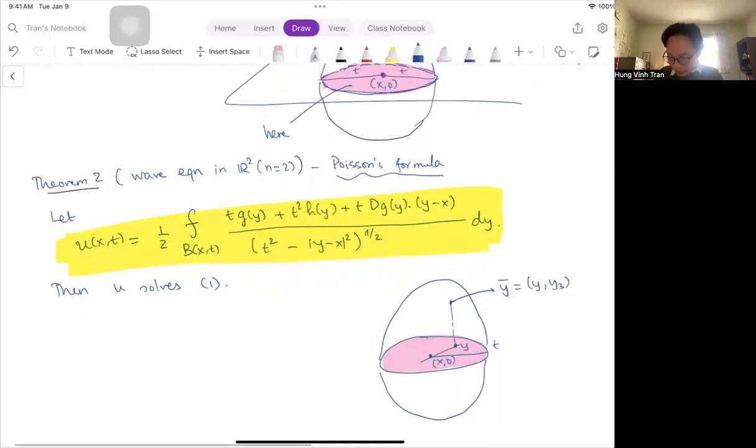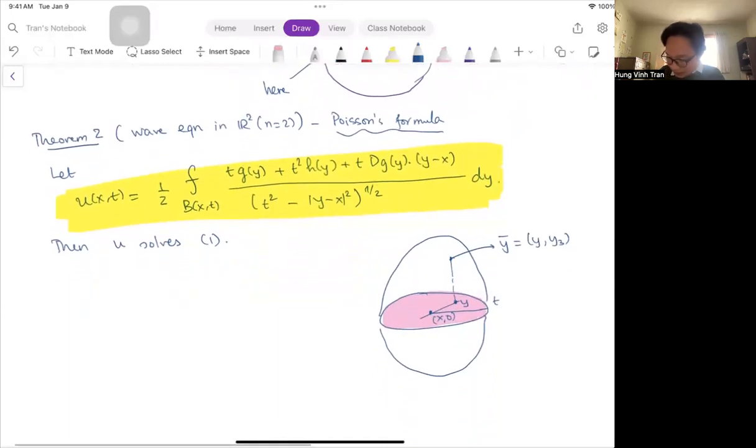We just have the formula that y1 squared plus y2 squared plus y3 squared equals the radius squared, which is t squared. So y1 squared plus y2 squared is nothing but the length of y squared.